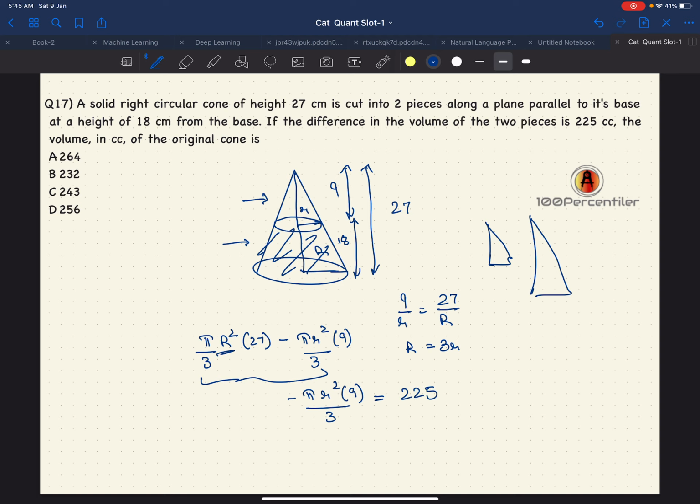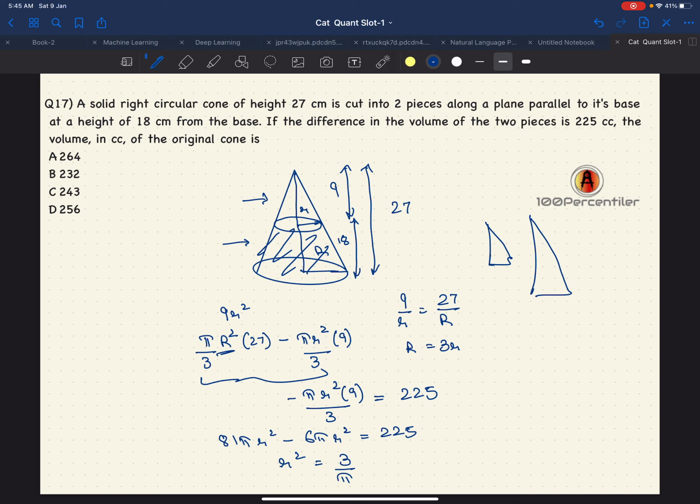So this can be written as 9r square here, and therefore this becomes 81 pi r square minus 6 pi r square is equal to 225. r square is equal to 3 upon pi.